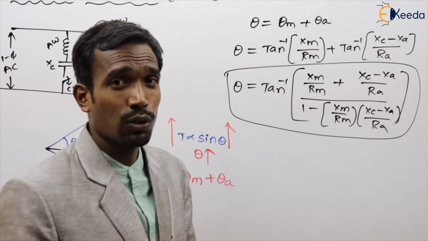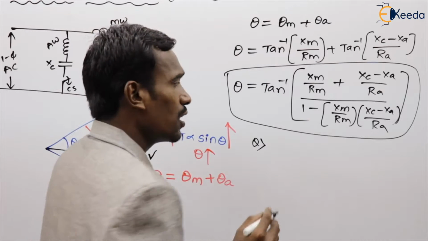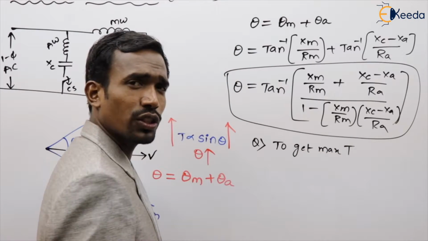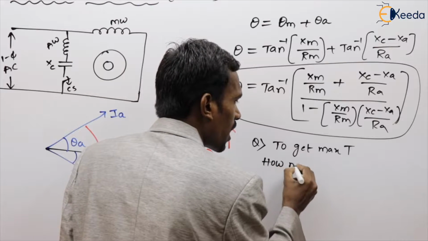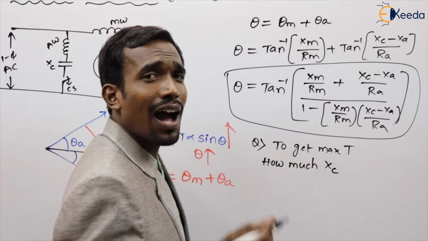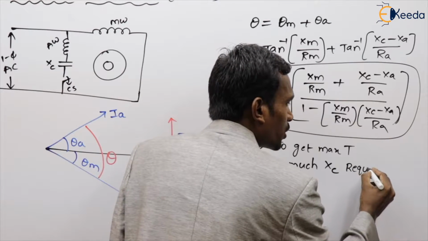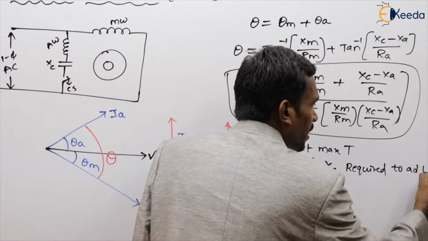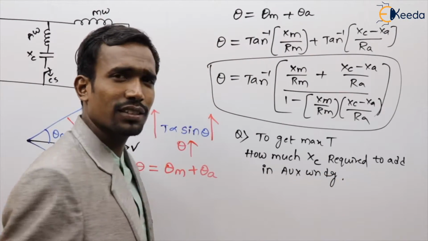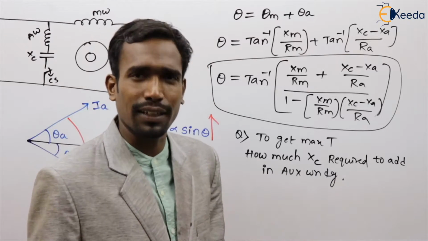Now the question, which is very important: to get the maximum torque, how much XC should be added in the auxiliary winding circuit?